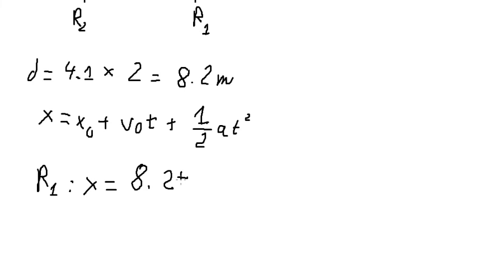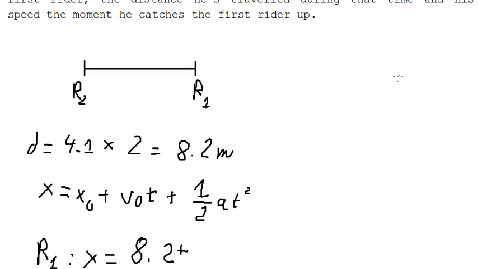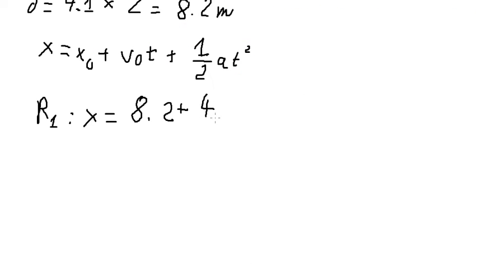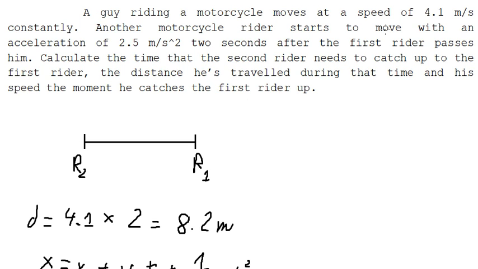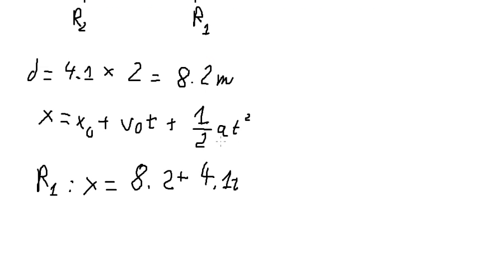Next, the velocity of rider number 1, we know that's 4.1. About A, because rider number 1 just has constant velocity 4.1, that means we don't have A in here. So this is the equation of rider number 1.